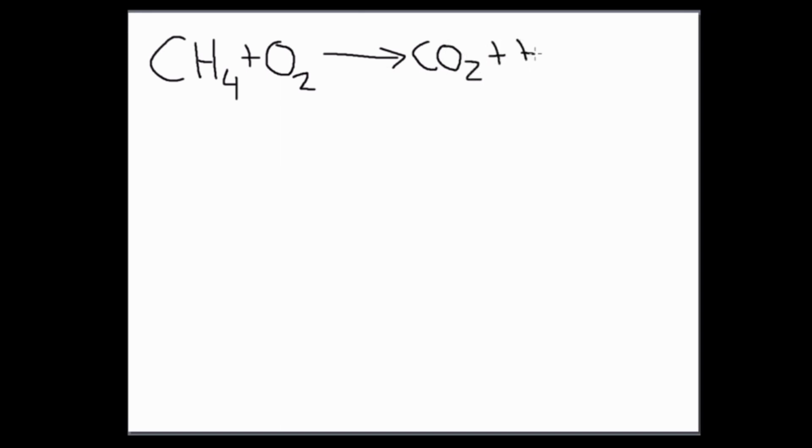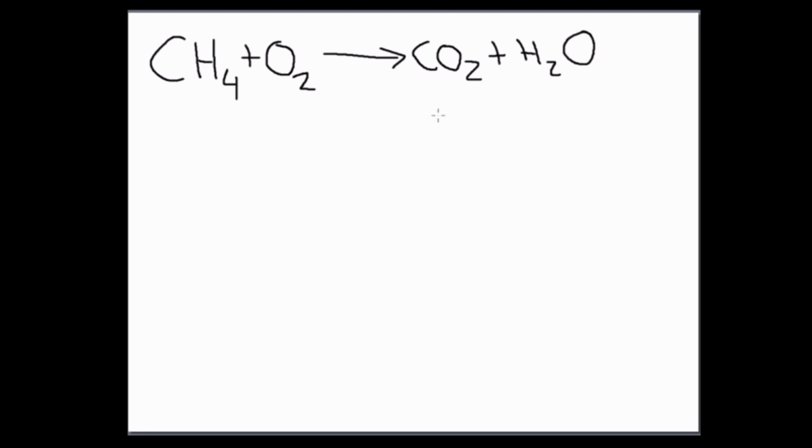So for example, let's go through the combustion of methane. So methane is CH4, and the combustion is combining it with oxygen gas to make carbon dioxide gas and water.